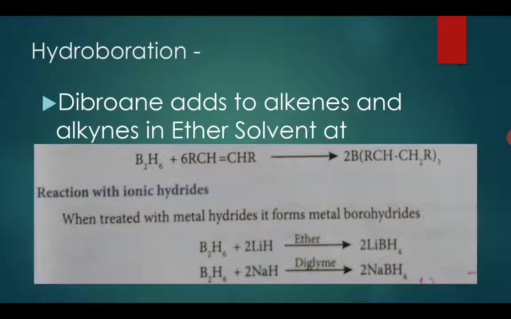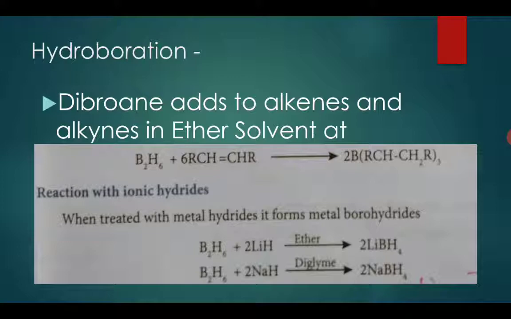The next reaction is hydroboration. What do you mean by hydroboration? Diborane adds on to alkenes and alkynes in ether solvent at room temperature, and this reaction is known as hydroboration.